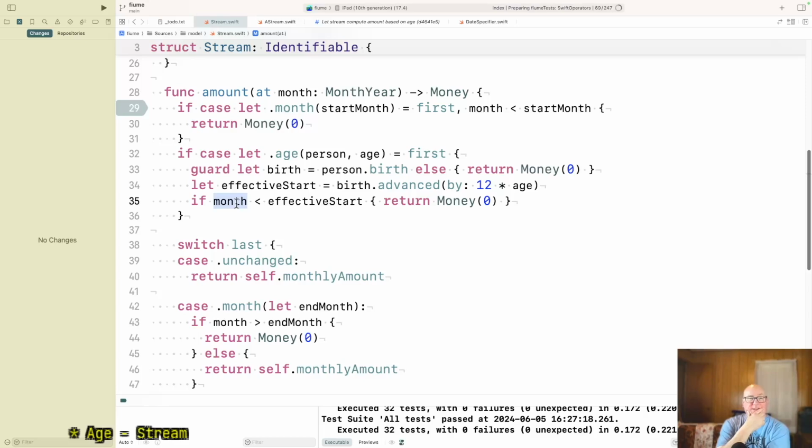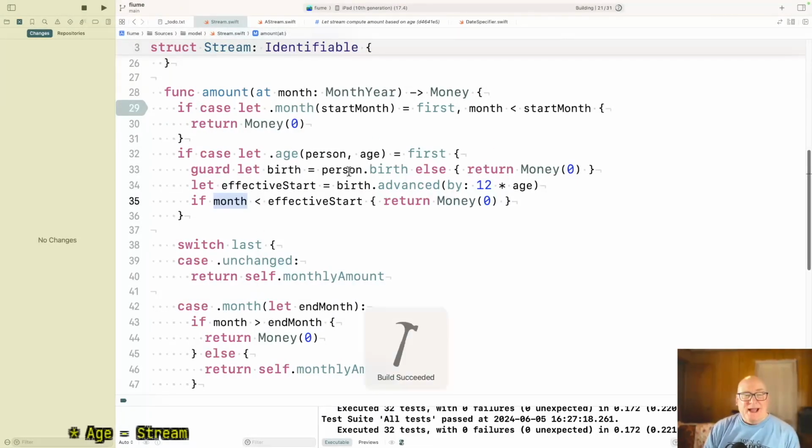Effective start. Yeah, I guess I'm okay with that. Okay, is this ready to work? Oh, we don't have a way to specify it. Ah.